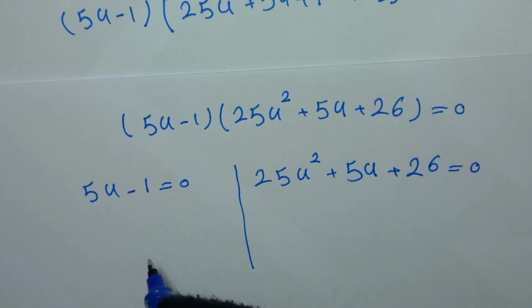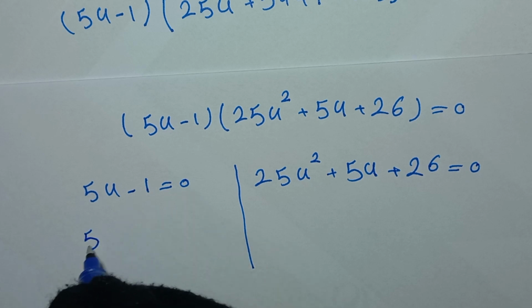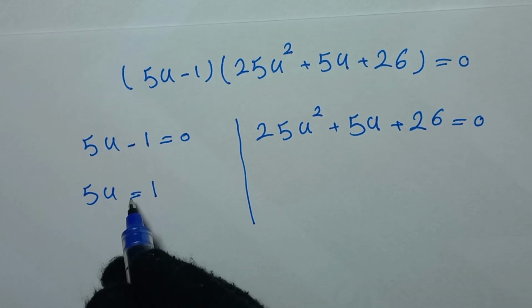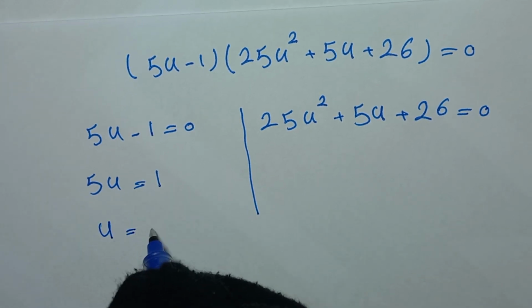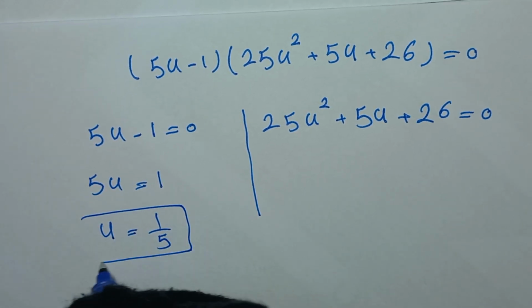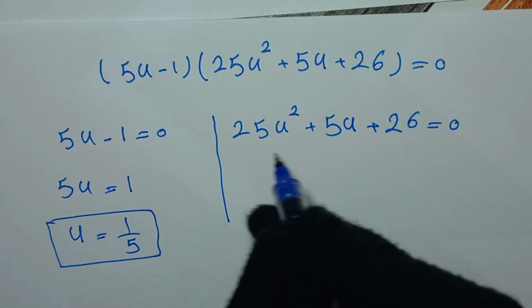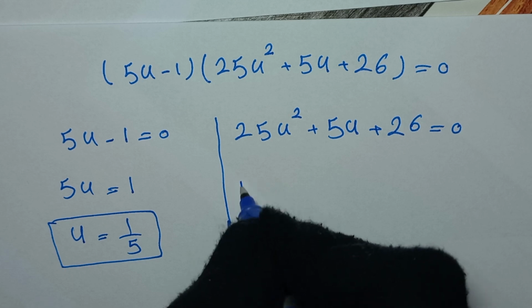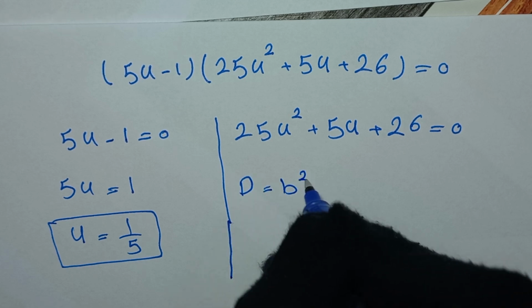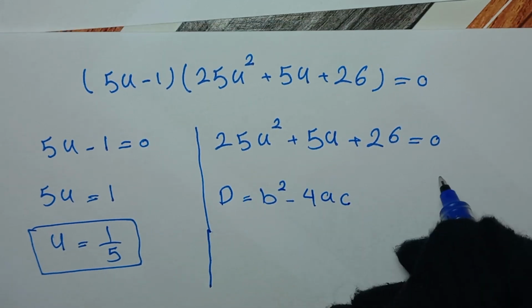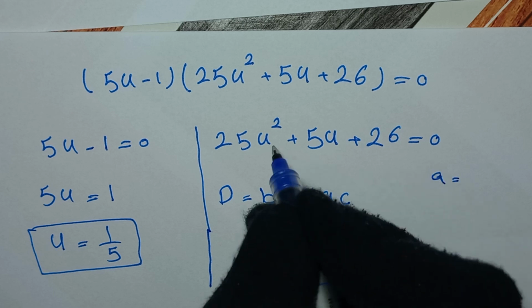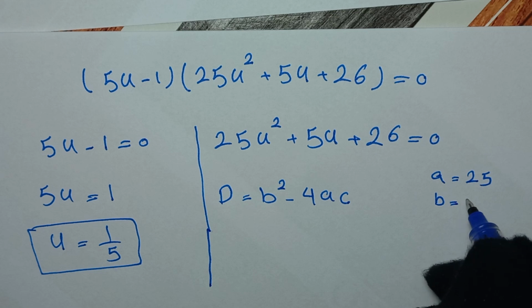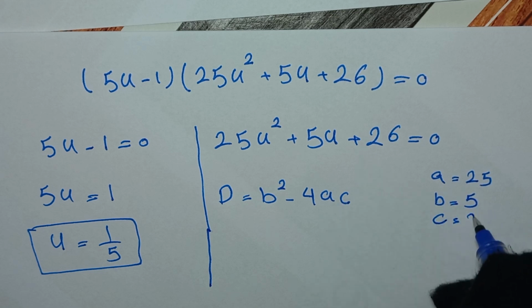Here, we take this negative 1 to this side, so 5u is equal to 1, and we divide both sides of this equation by 5, so u is equal to 1 over 5, right? And here we have a quadratic equation, and we use the quadratic formula, where the discriminant is b squared minus 4ac, where a is the coefficient of u squared, 25, b is the coefficient of u, 5, and c is the constant, 26.